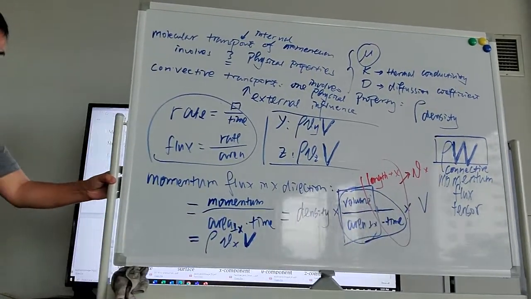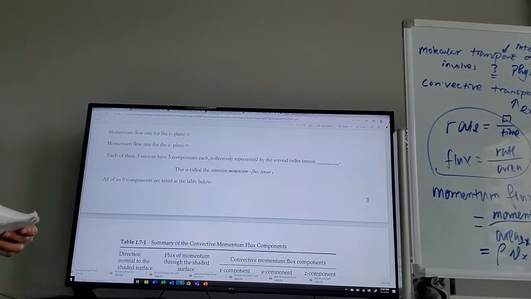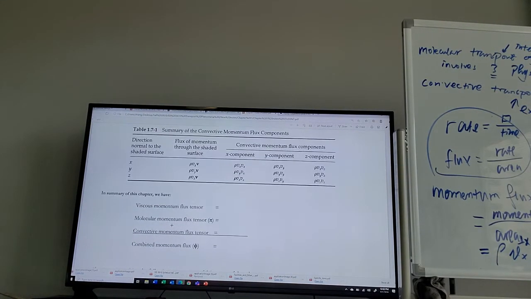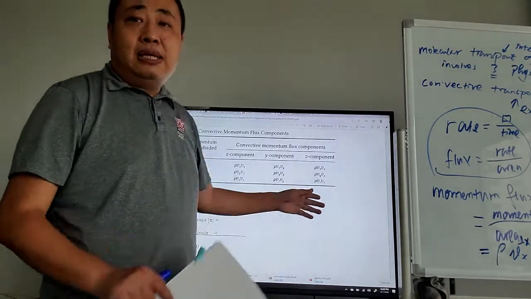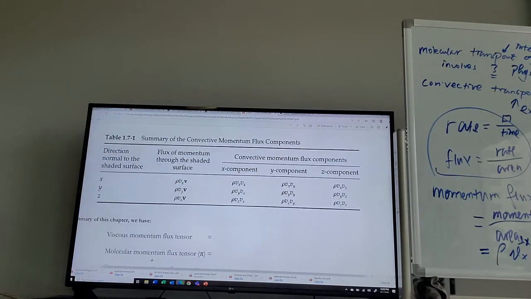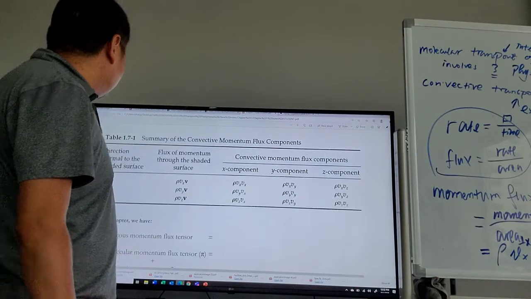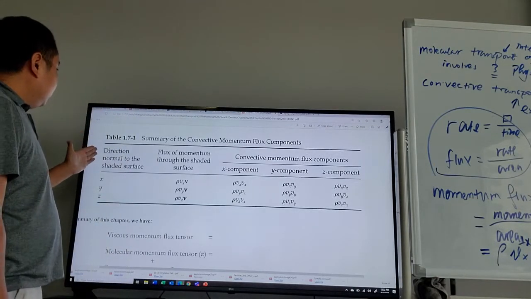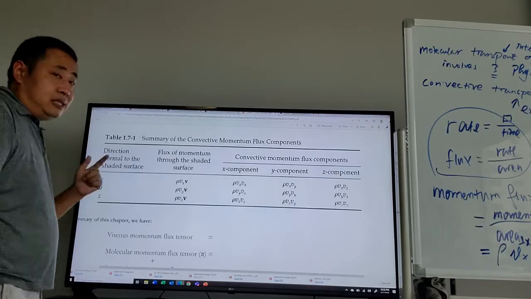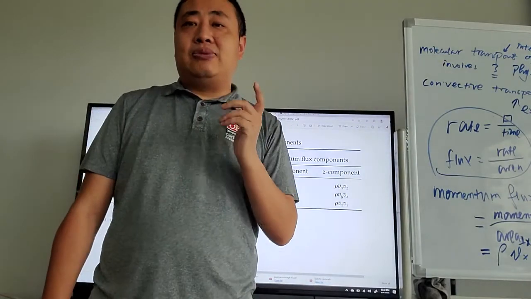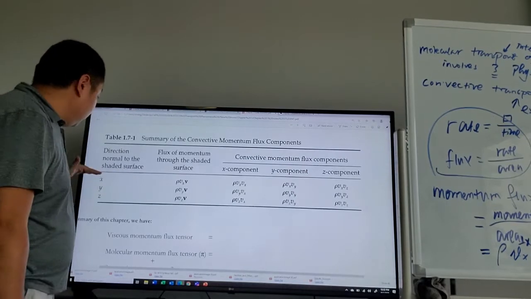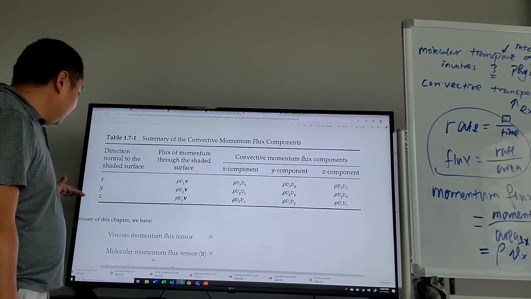So to summarize, we have a total of 9 components. This is very similar to the table 1.2 we saw. Again, we have x, y, z. These are the directions normal to the shaded surface. So again, how do you understand x, y, z? The easiest way is the momentum is along the x, along the y, along z.